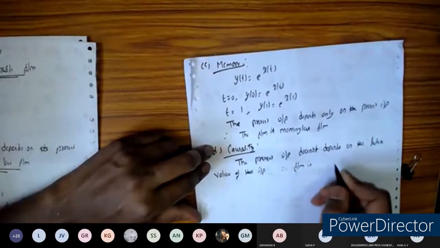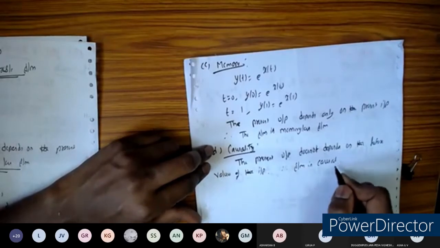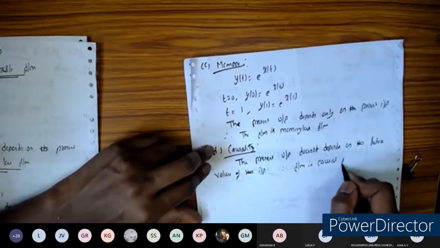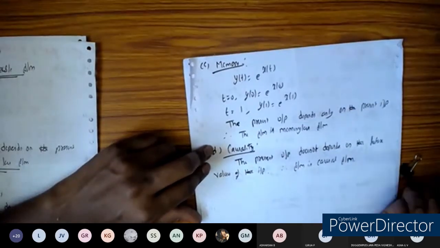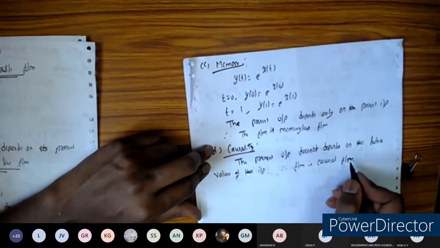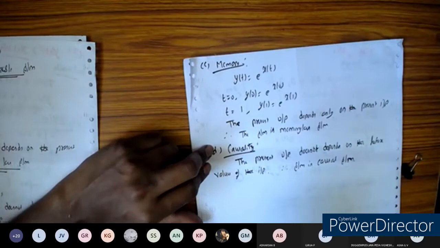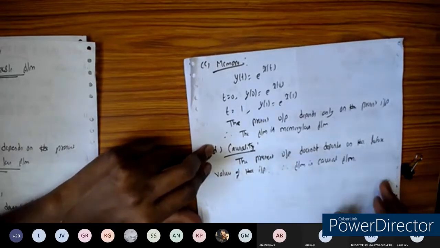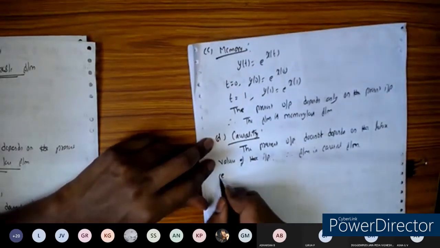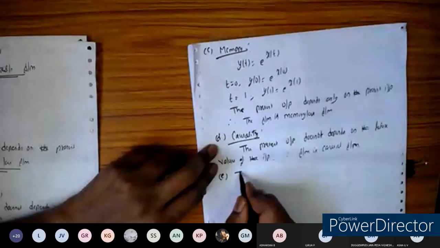It is not a non-causal system. It's a causal system. A causal system is nothing but the present output does not depend on the future values of the input. That one you're going to call a causal system. Okay, done. So the next one is nothing but the time invariance property.